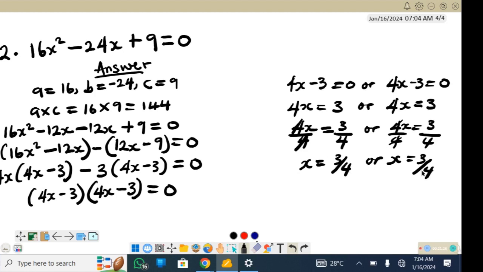We are going to talk about the nature of solution of quadratic equation in our coming videos. So with these two being together, I will say that s equals to 3 over 4 twice. So we have solved, we have minus and we have plus.